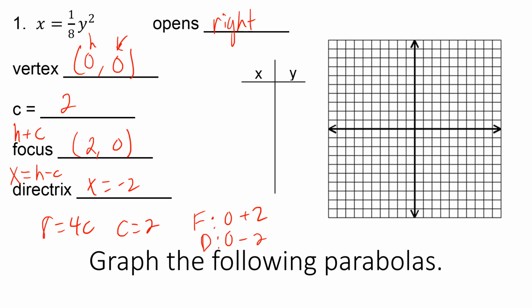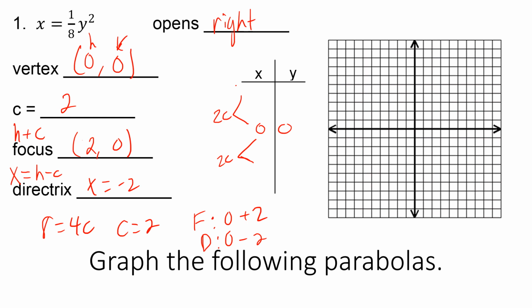All right, for our table, we're going to find values that are equal distance from our origin, which is easy when it's 0, 0. I've learned that it's just easier to go 2c out. So from here to here, double my c value. So 2c would put me at 2.